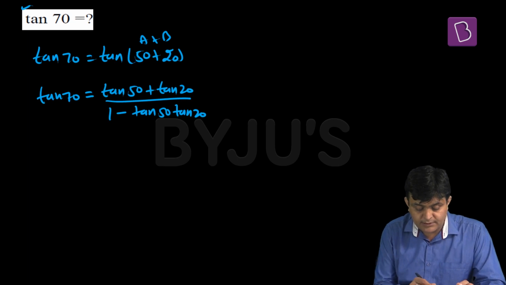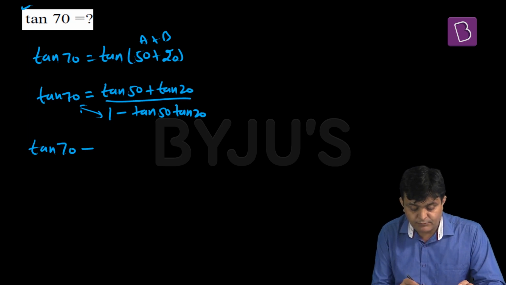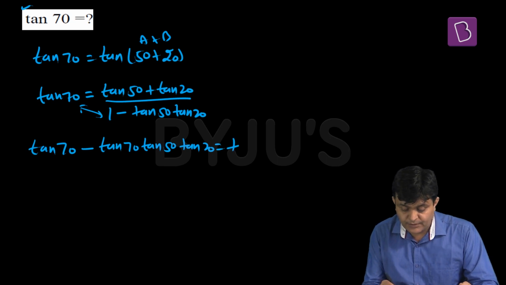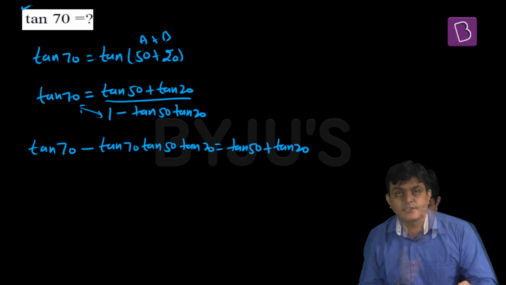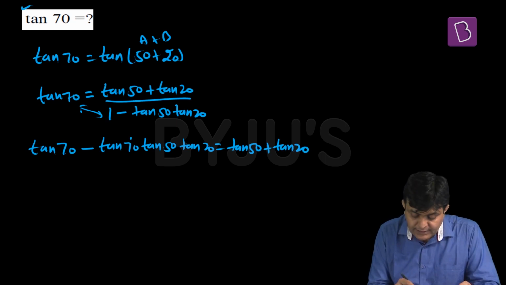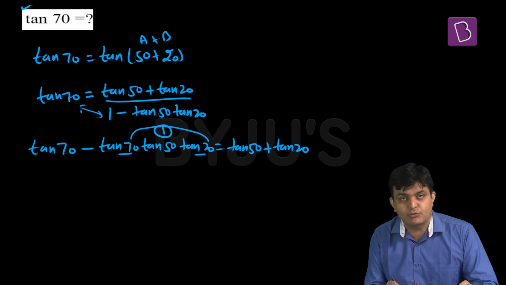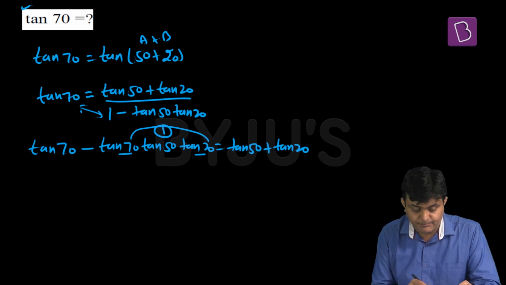Now cross multiply. It is tan 70 by 1, and tan 70 times (1 minus tan 50 tan 20) is equal to tan 50 plus tan 20. By previous we know if the angle sum is 90, then tan into cot is 1. tan 70 into tan 20 will be 1 because the angle sum is 90.